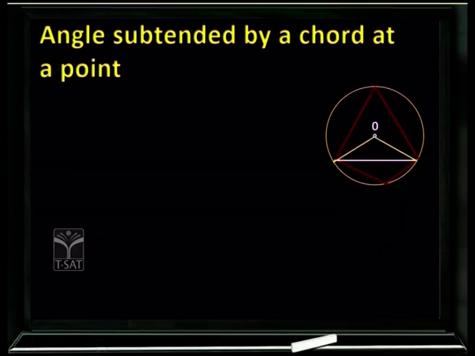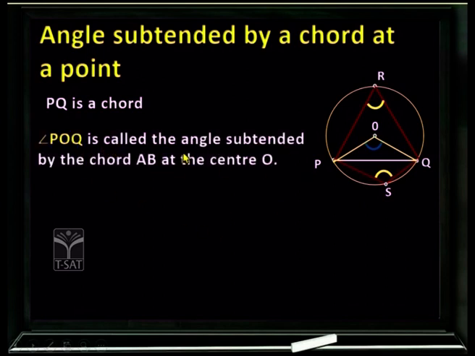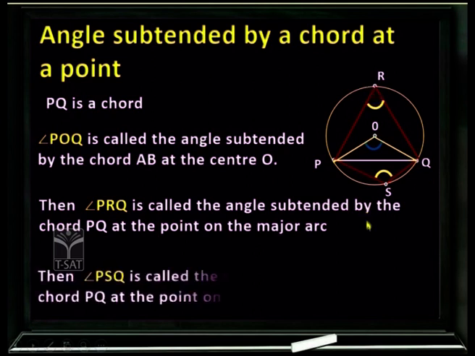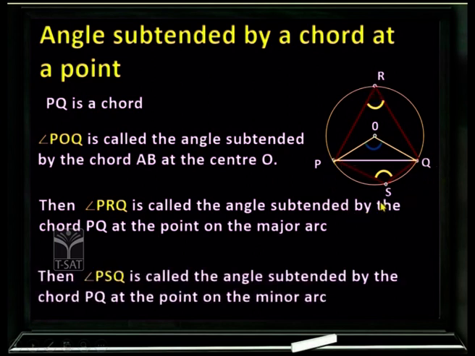Now, the angle subtended by a chord at a point, let us see all together once. PQ is a chord, and this is the angle on the minor arc, this is the angle on the major arc, and this is the angle at the center. POQ is the angle subtended by the chord PQ at the center O, PRQ is the angle subtended by the chord PQ at the point on the major arc, and PSQ is the angle subtended by the chord PQ at the point on the minor arc.